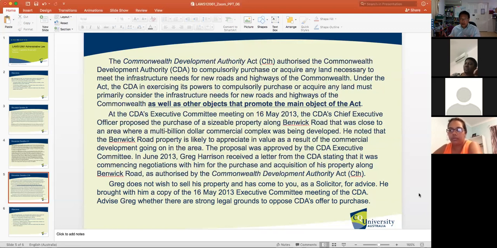So if you frame the argument that way, it is likely the case that there will be no strong legal ground to oppose CDA's offer to purchase.